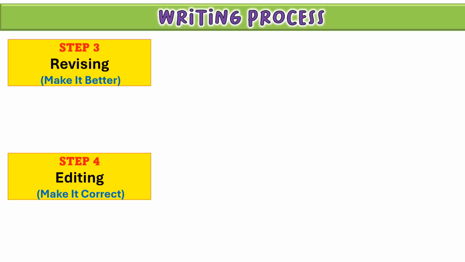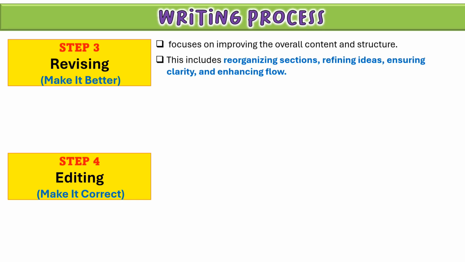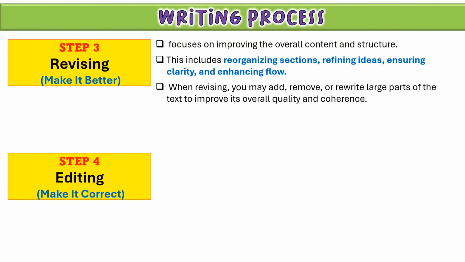Revising and editing are related but different steps in the writing process. Revising focuses on improving the overall content and structure. This includes reorganizing sections, refining ideas, ensuring clarity, and enhancing flow. When revising, you may add, remove, or rewrite large parts of the text to improve its overall quality and coherence.